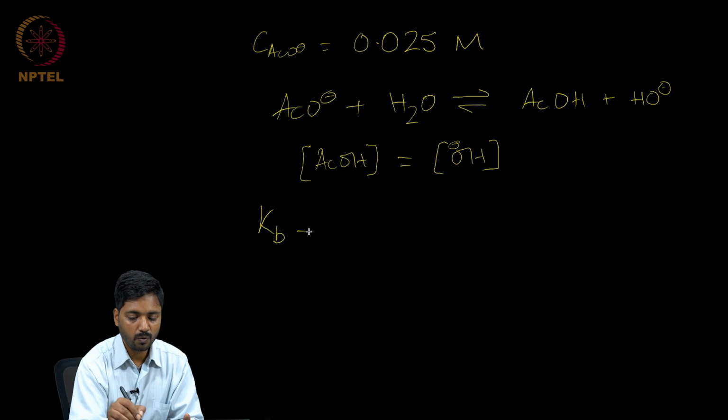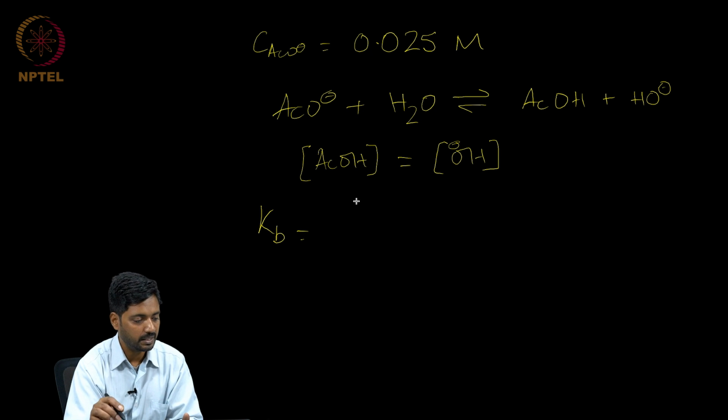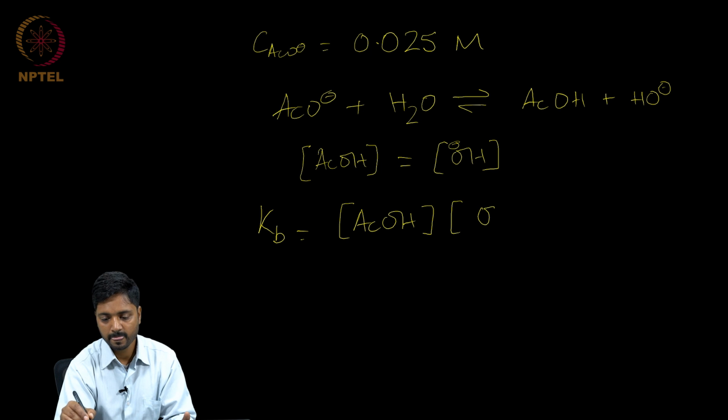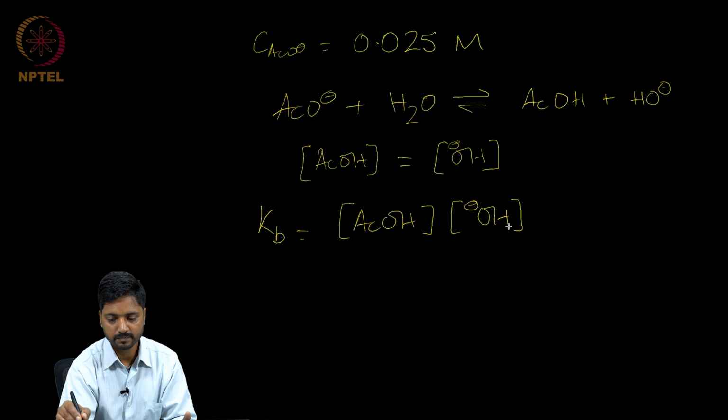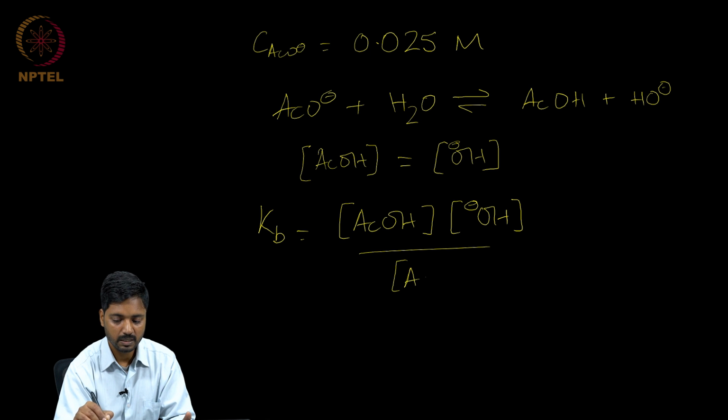So, we can write a Kb value, which is nothing but the undissociated acid into the hydroxyl ion concentration divided by the acetate ion.